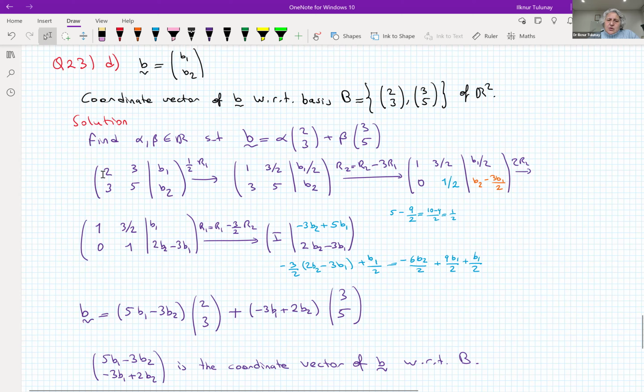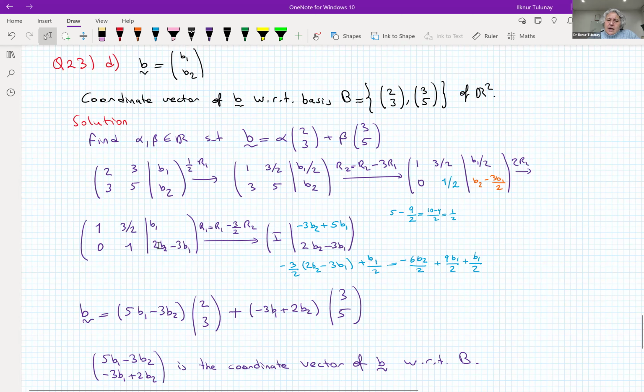So I want this position 1. This is why I divide by 2. And then I want this position 0. So this is R2 minus 3R1. And that gives me these numbers. And then I want this position 1, which means I need to multiply this by 2. That will give me 2B2 minus 3B1. I want this position 0.